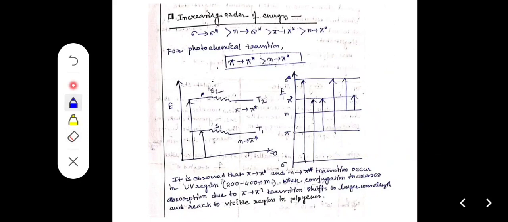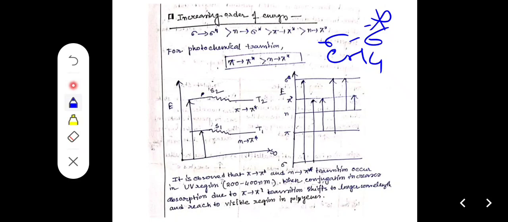If we consider an alkane, for example methane, the only possibility is sigma to sigma star, because there is no double bond. If a double bond is not present at all, there should be no pi bond. A single bond means a sigma bond.